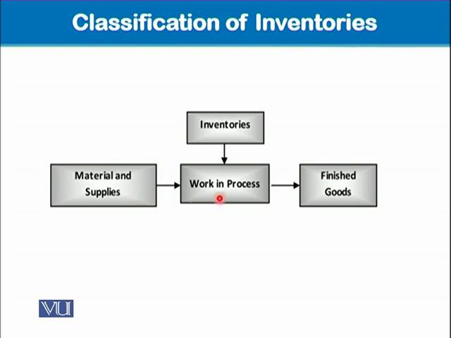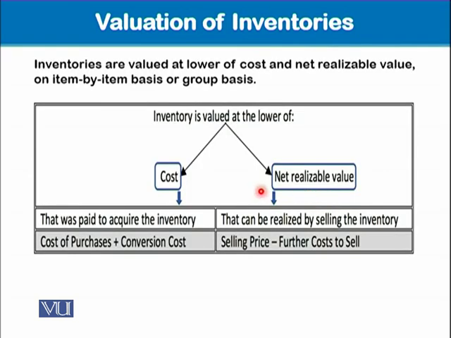Work in process inventory, we know very well, is worked out to calculate cost of goods manufactured, and finished goods inventories are worked out to calculate cost of goods sold. So these are the three classes of inventories. And when we talk about valuation of inventory, it means measurement of inventory.